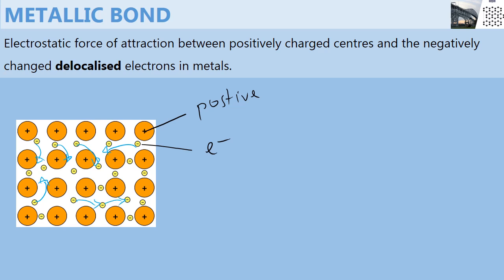This forms a pool of electrons or a cloud of electrons around the positively charged centers. Now, the positively charged centers and the delocalized electrons have what we call an electrostatic force of attraction.